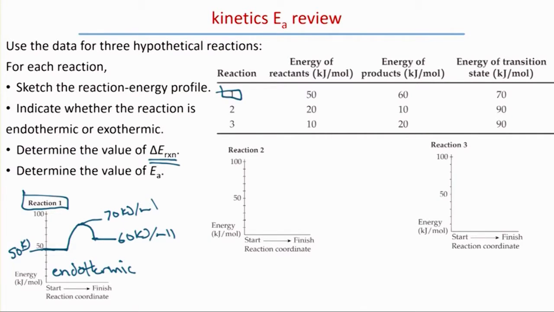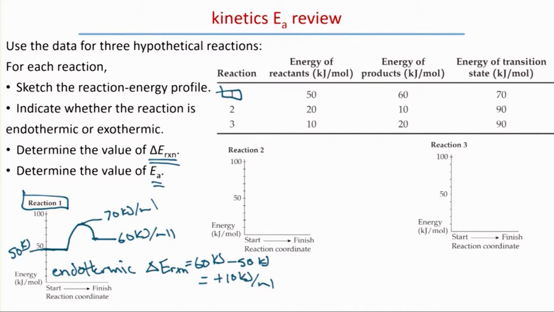And we can find the change in energy. This would be our products minus our reactants. And so this is positive 10 kilojoules per mole. And then we can find our activation energy.